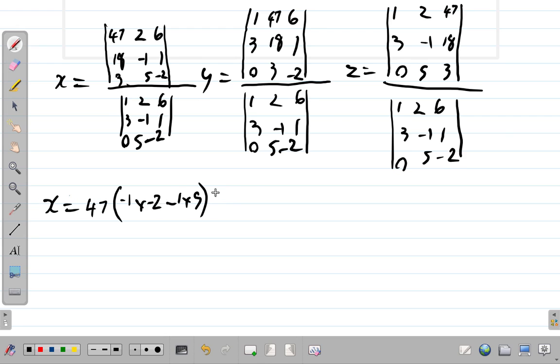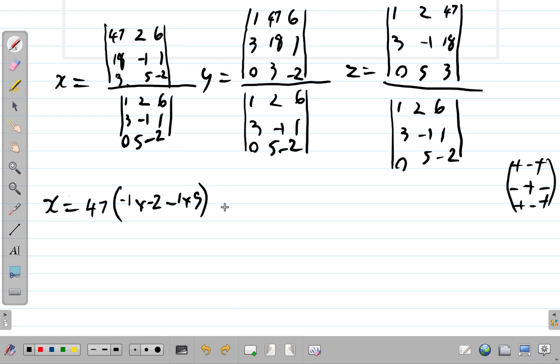Alright? Now remember the matrix of cofactors. You have plus, minus, plus, minus, plus, minus, plus, minus, plus. 47 is in the position of a plus, so it remains plus. The next one, since we're going across, when we reach 2, is going to be a minus. Because we now cover the row and column that contains 2.